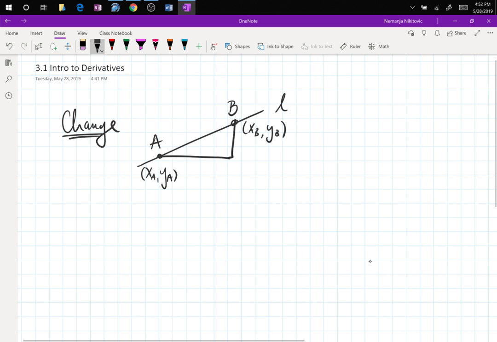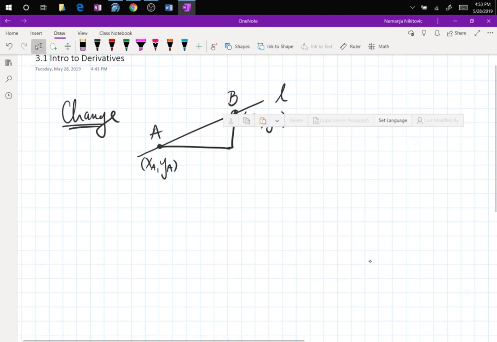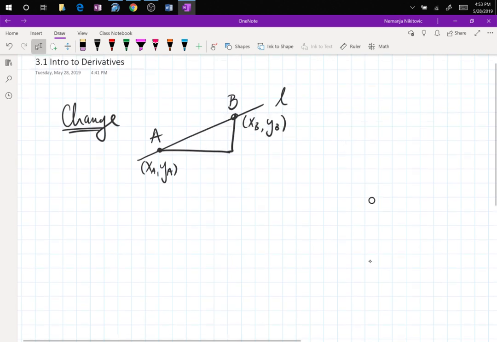Now, there is a change from A to B because A and B are not the same points in space. The way we look at this is we had to move forward to the right and up in order to get from A to B.